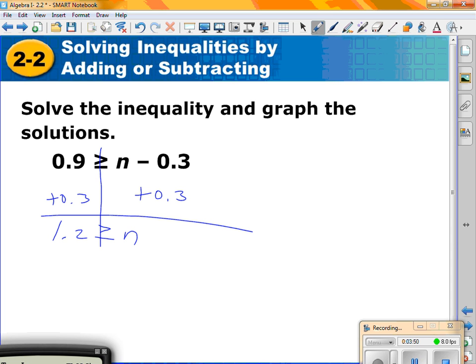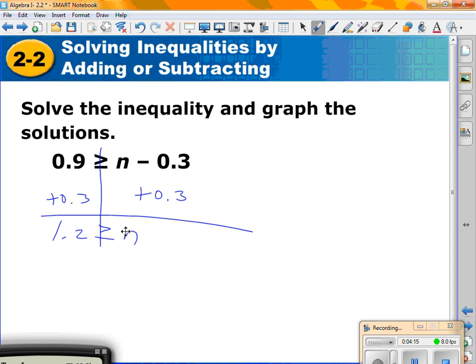Now, when I have them written like this, what I usually do is I like the variable on the left. So I'm going to take the entire problem and flip it. If I take this book here and do this to it, did I change the book in any way?